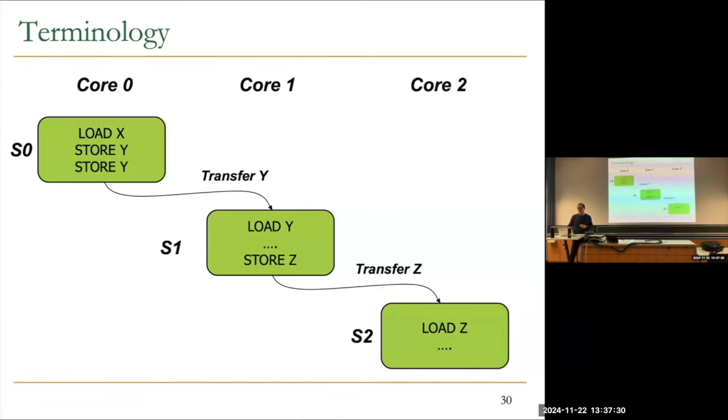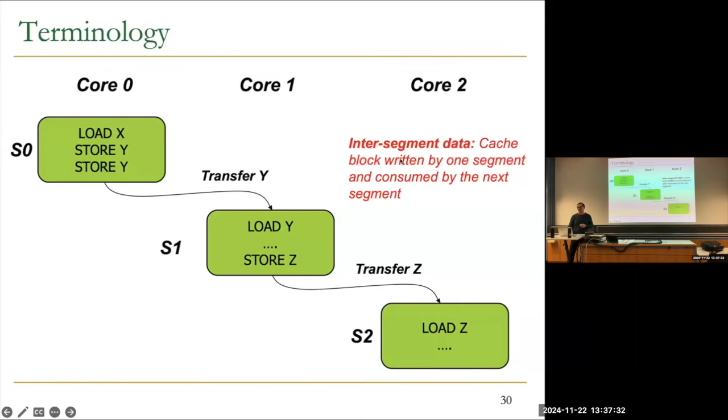So let's define some terminology. I'm going to define inter-segment data as a cache block. We're going to still operate on cache block granularity, since things operate on cache block granularity today. But maybe if you go into processing in memory, we should not be thinking of cache blocks. It's good to deconstruct some of these concepts as we go into different environments.